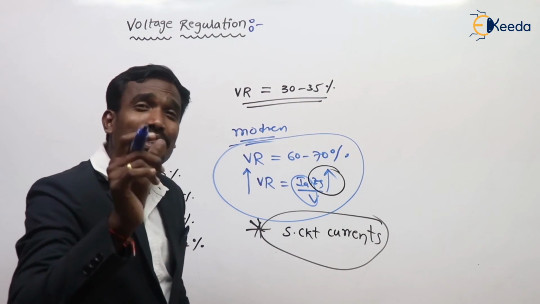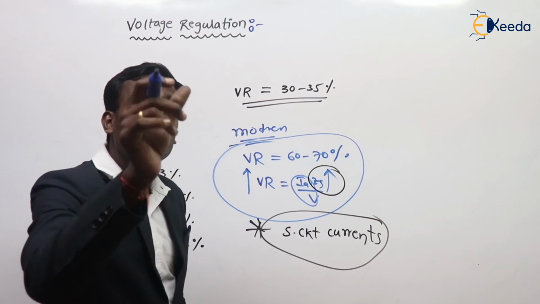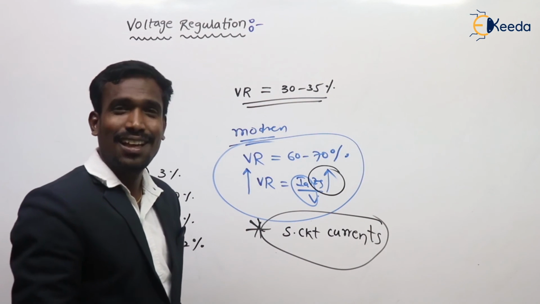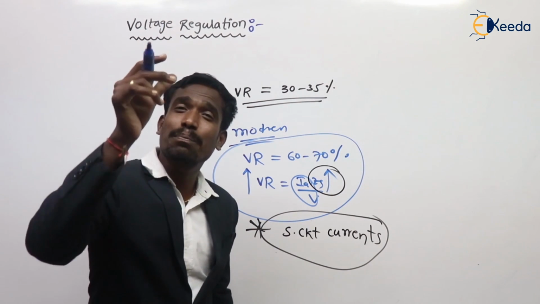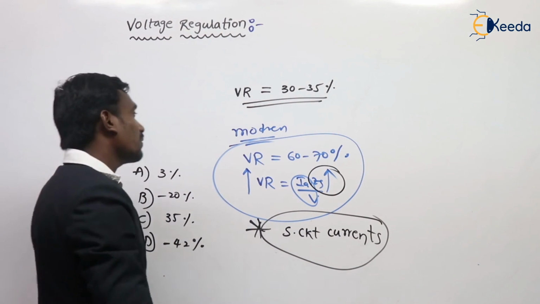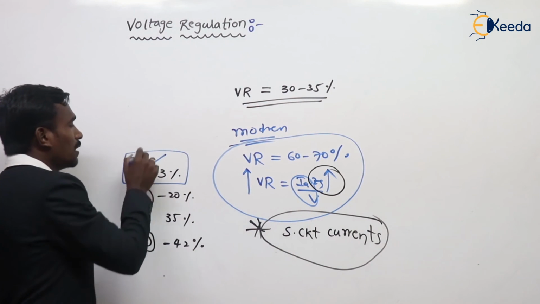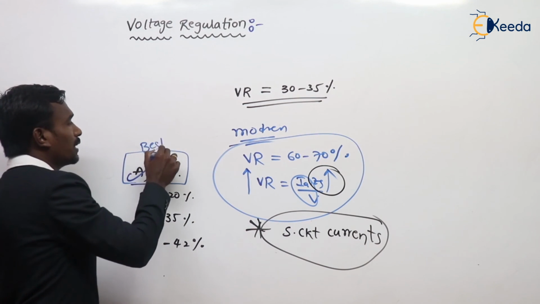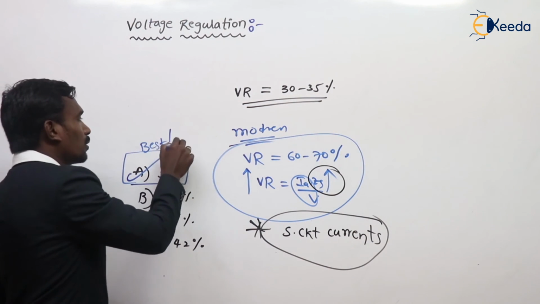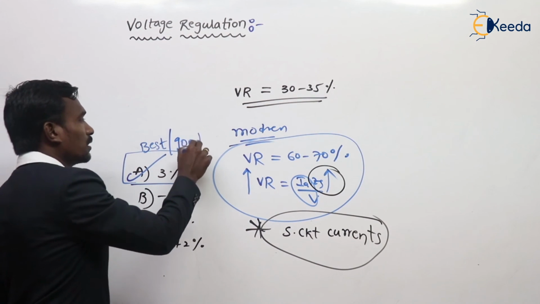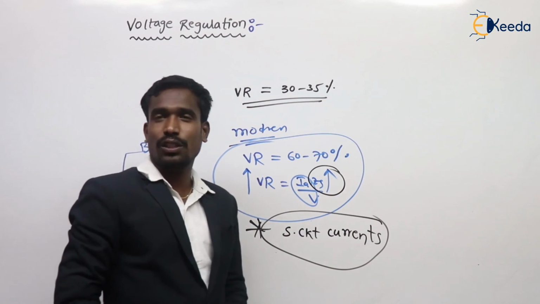The minimum voltage regulation is the best voltage regulation. The voltage regulation should be minimum. So 3% is the best, or better, voltage regulation.